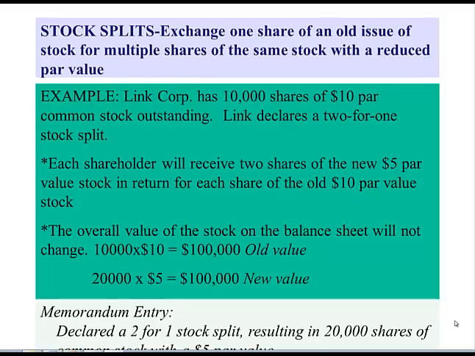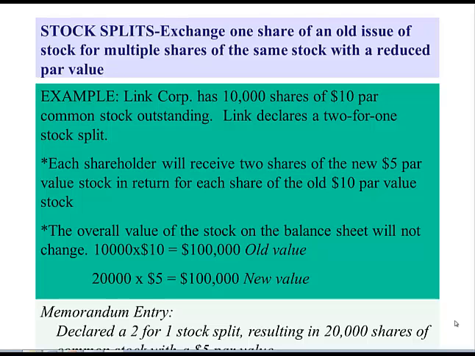Next we'll look at stock splits. Stock splits are when a corporation exchanges one share of an old issue of stock for multiple shares of the same stock with a reduced par value. For example, Link Corp has 10,000 shares of $10 par common stock outstanding. Link declares a 2-for-1 stock split.